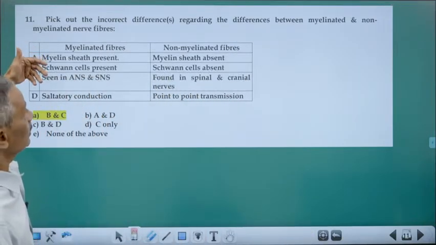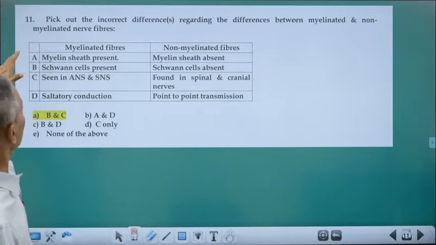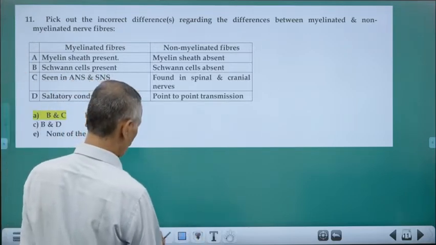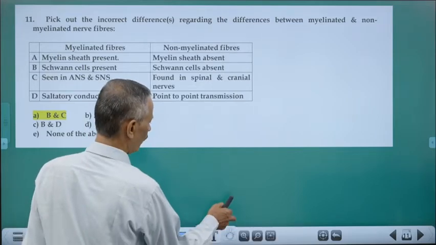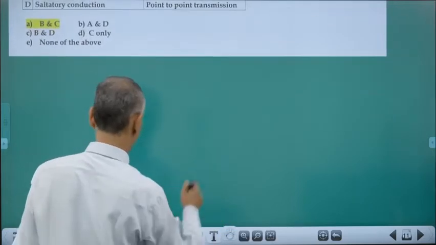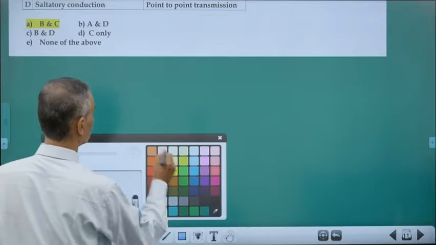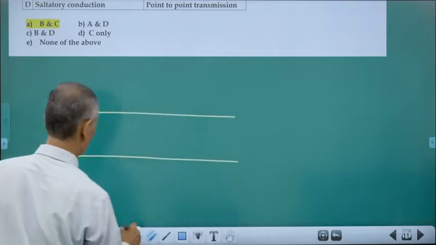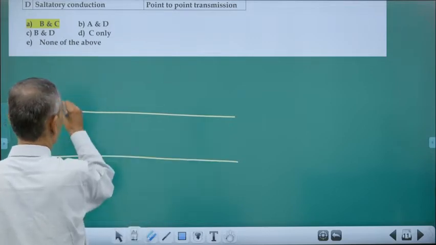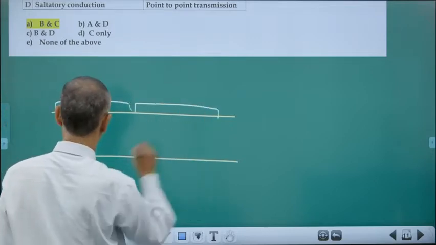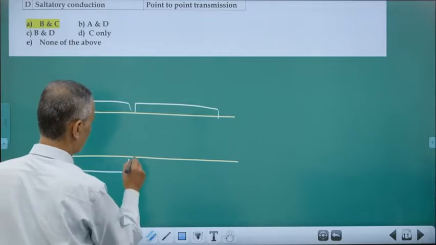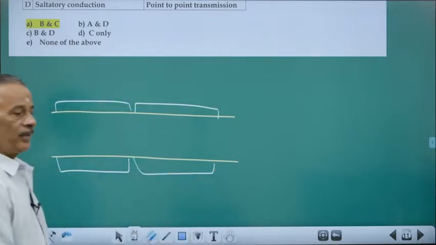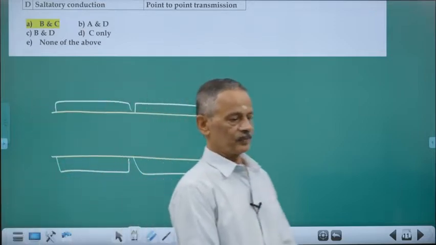Incorrect difference between the myelinated and non-myelinated. What is a myelinated axon? Around the axon, there may be some glia cells.